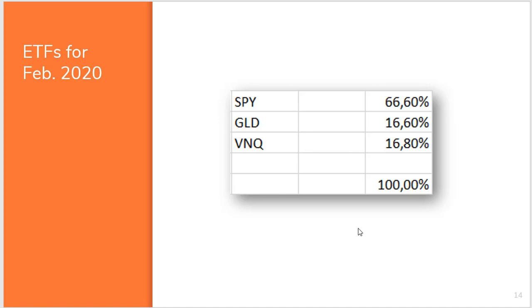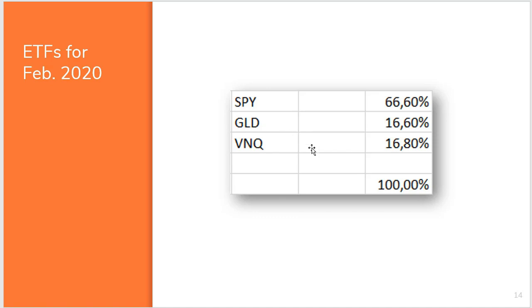But you are going to get the ETFs that I'm putting my money in this month, and that is in February 2020. And my little algorithm, ETF Spreadsheets, has put out that I am going to put 66.6% of my money in the SPY, which is of course the S&P 500.